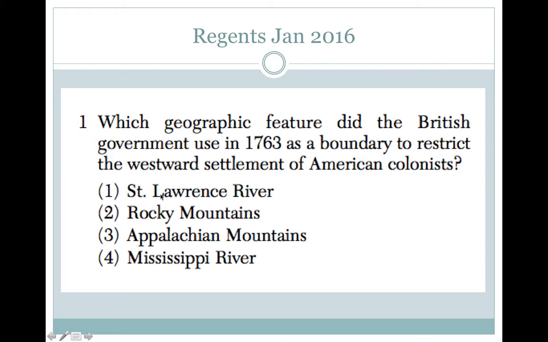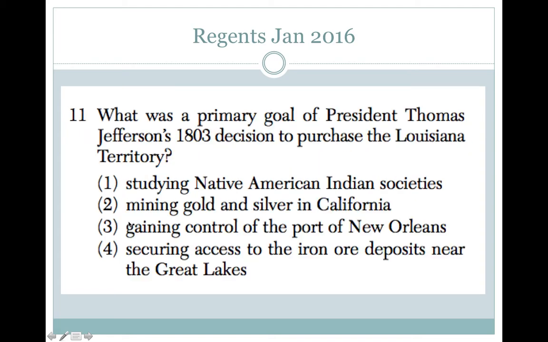St. Lawrence River probably wasn't covered by any of your history teachers, so it's probably not that one. We know it's a mountain. We got Rocky Mountains, Appalachian Mountains, Mississippi River. No, not for this case. So it's one of these two, and like I said, A comes before R. Is the Appalachian Mountains. Okay, 3 is the best bet.